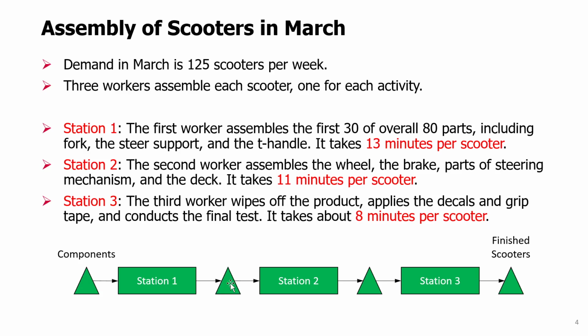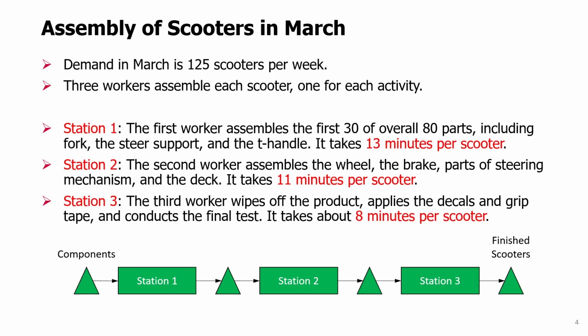And that wouldn't really make any sense, because over some weeks, you would just have a lot of partially finished scooters here, which would just be a wasted effort, because station 2, which would be the bottleneck, wouldn't be able to process all those, right? So on average, it only makes sense that station 1 works at the pace of the bottleneck.